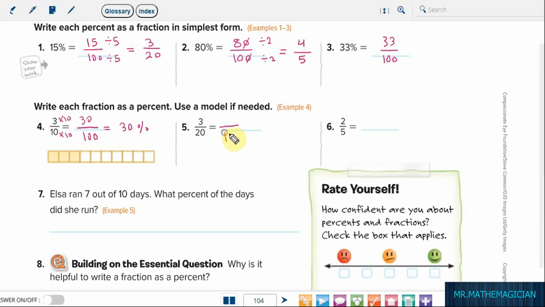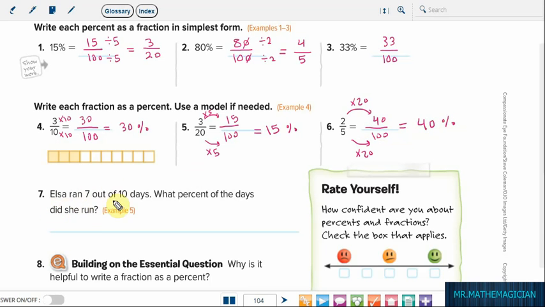For the 20 to be 100, we multiply by 5 down, so we multiply by 5 up, it will be 15, means 15%. For the 5 to be 100, we multiply by 20 down, so we multiply by 20 up, and this will give you 40, means 40%.